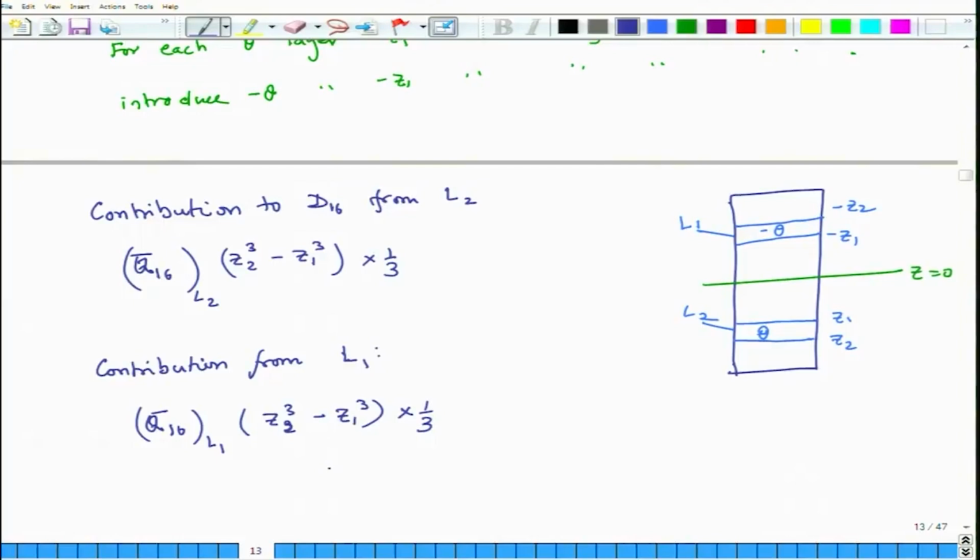But Q16 bar for L1 is equal to the negative of Q16 bar for L2, because the theta for L1 is negative, okay, and Q16 is an odd function of theta. So, if this is the case, then these two contributions add up and cancel out.